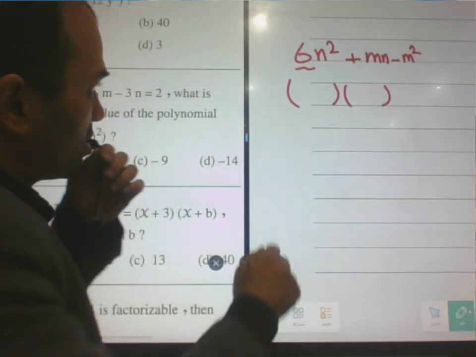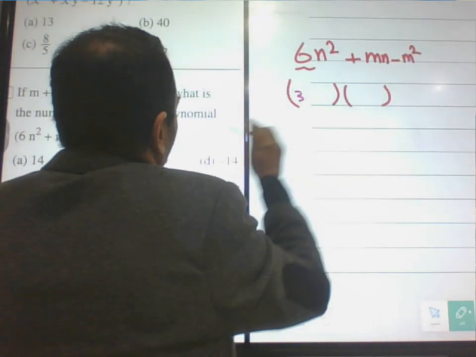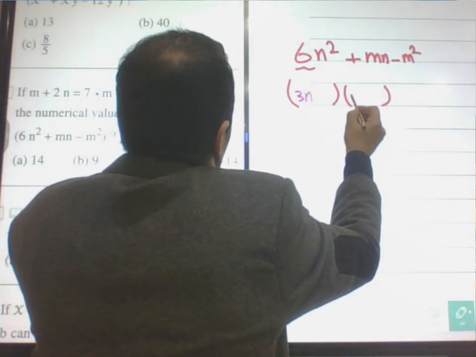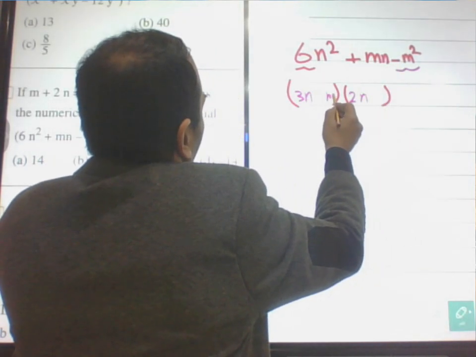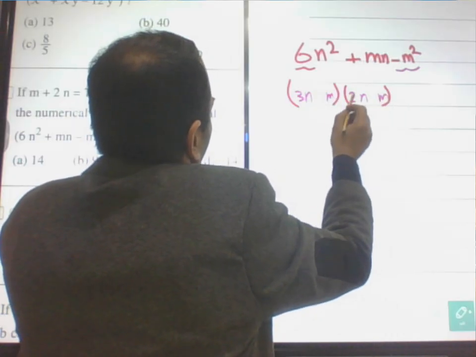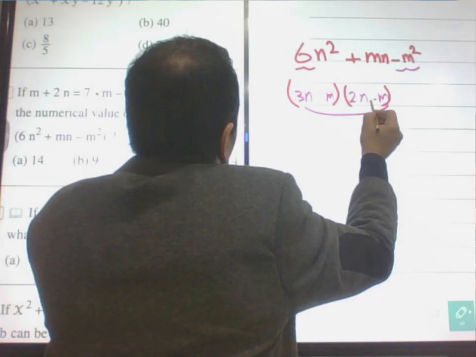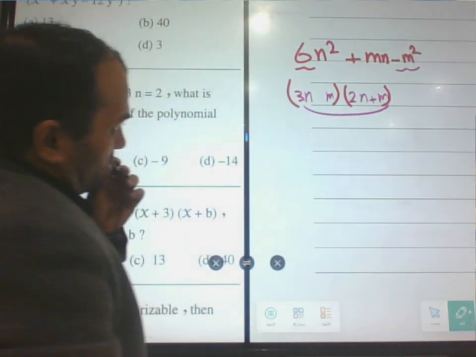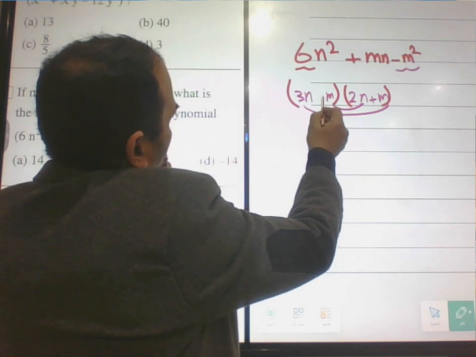Look at here. 6 equals 3 product by 3n, product by 2n. For m power 2, write m by m. And the sign of the greatest number will be positive. 3n times m equals positive 3mn. And 2mn here will be negative.